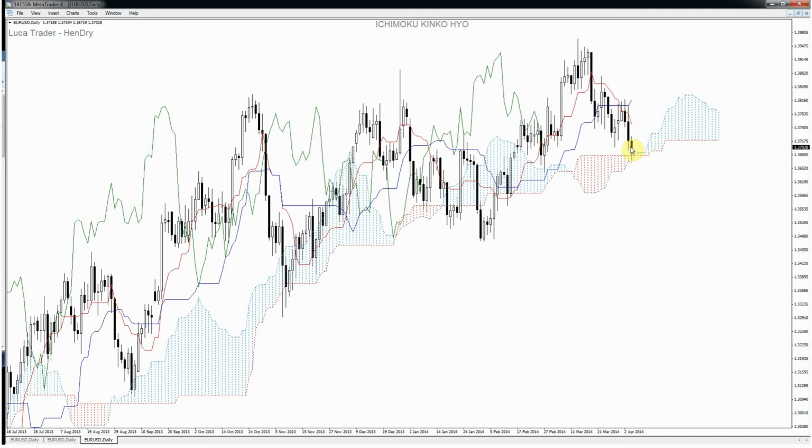So if you're starting from here, it will track back 26 days behind, around this date. From here to here, around this area, we get the average of the highest high and lowest low.